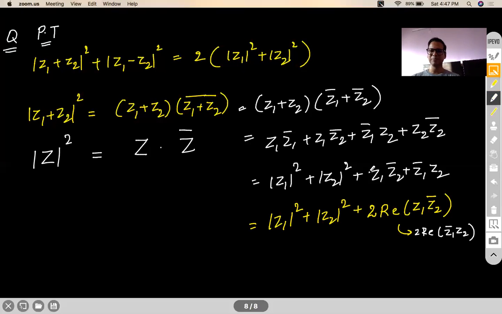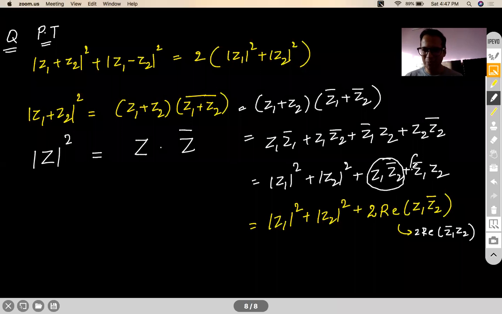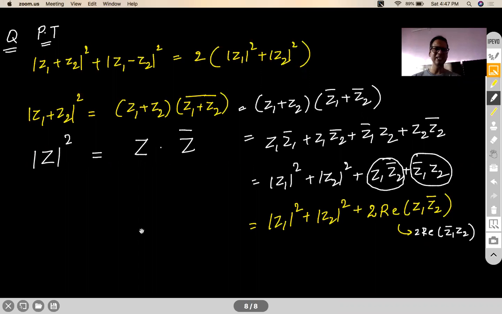Why? Because if you see in reality, this complex number and this complex number are actually conjugates of each other, isn't it? So if you call this z, then this will be z conjugate. And didn't we see in one of the properties that z plus z conjugate is 2 real part of z? So 2 real part of this. Okay. So please keep this in mind.